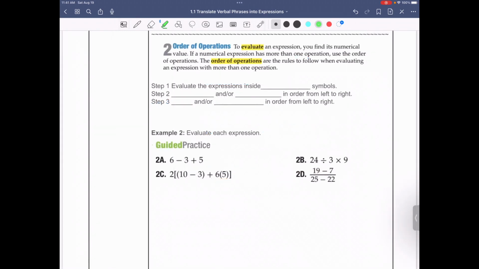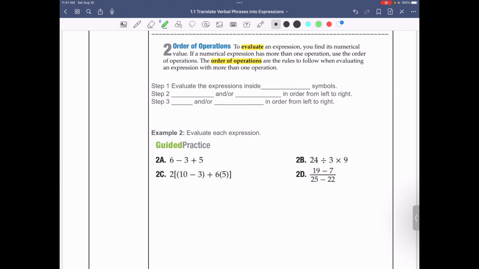The next part of this section is talking about order of operations. I love order of operations, and we'll take some notes on the left side in our Cornell notes. It says to evaluate an expression, you find its numerical value. If a numerical expression has more than one operation, use the order of operations.